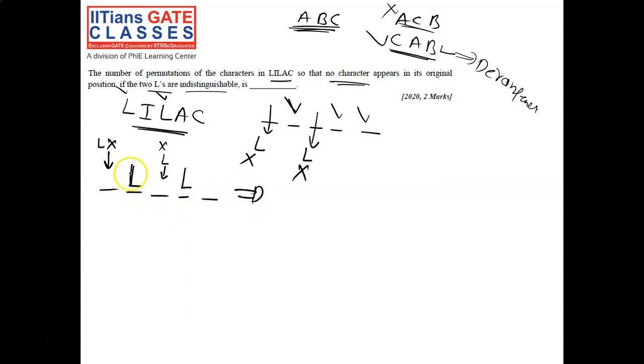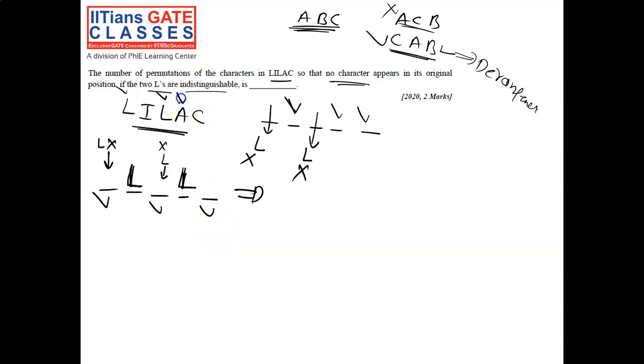Now, if one L is in the second position and the other L is in the fourth position, then the remaining characters are I, A, C. In the original word, the second position was I, but now we have put L in the second position. So wherever we put I, this I will not be in its original position.